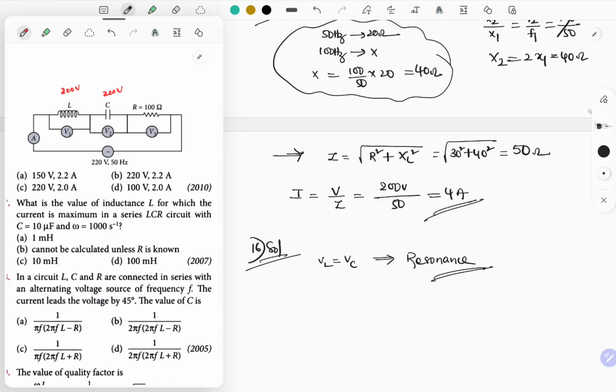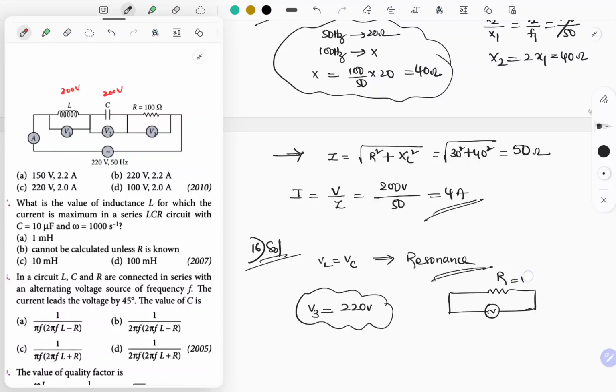Then what's going to be the current in the circuit? Definitely V3 is going to be 220 volts, there is no doubt. The supply voltage is the same as the voltage across the resistor. So V3 is equal to 220 volts. This is how the circuit remains: as VL is equal to VC, the combination of capacitor and inductor is replaced with a short circuit because the circuit is under resonance.